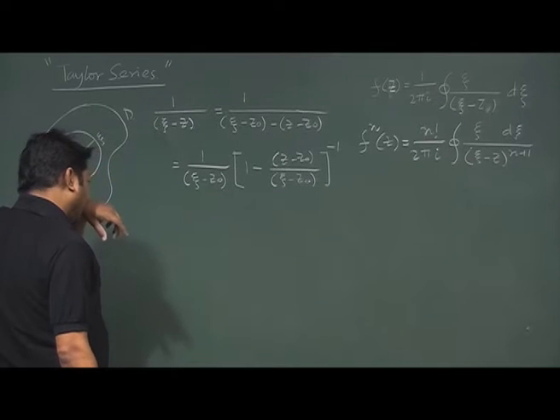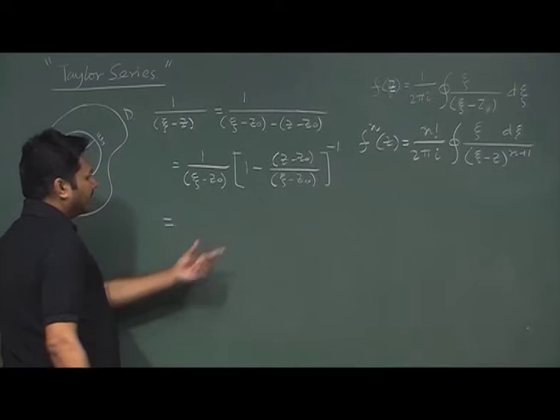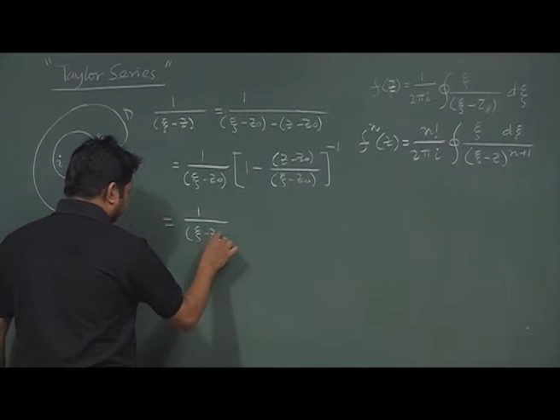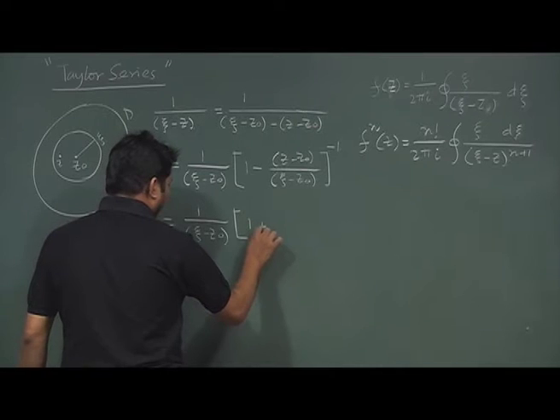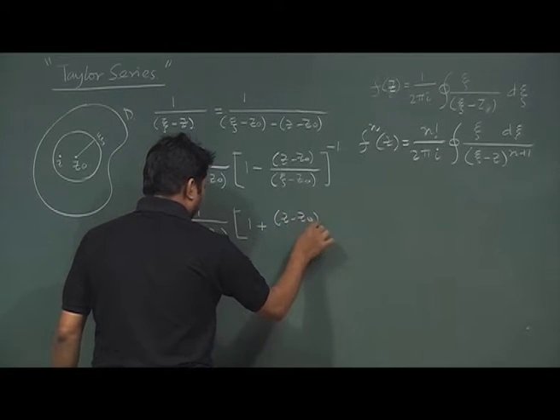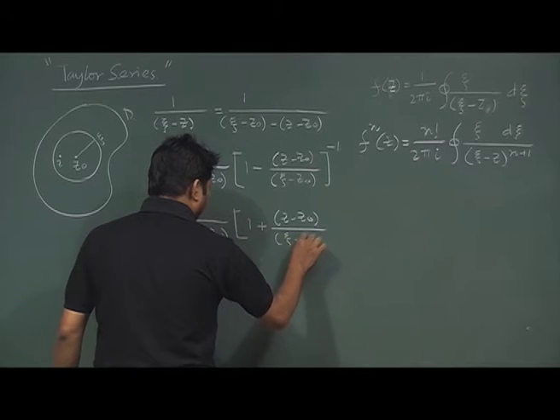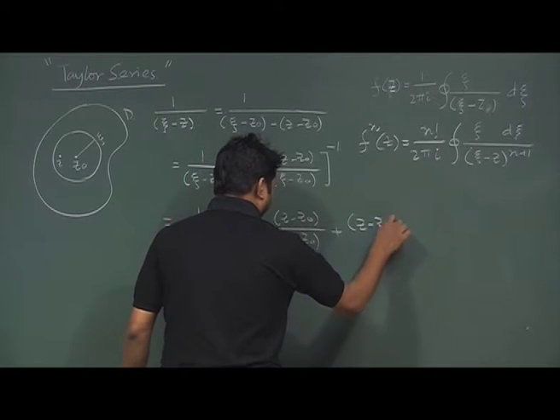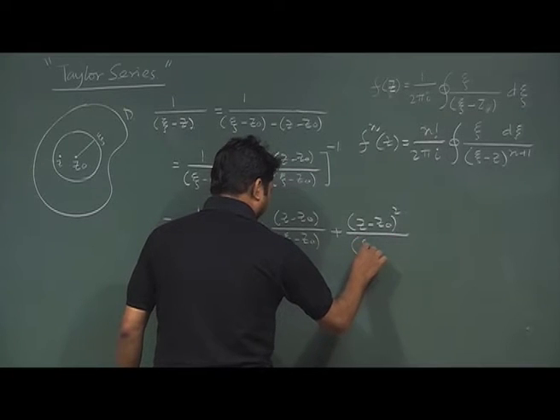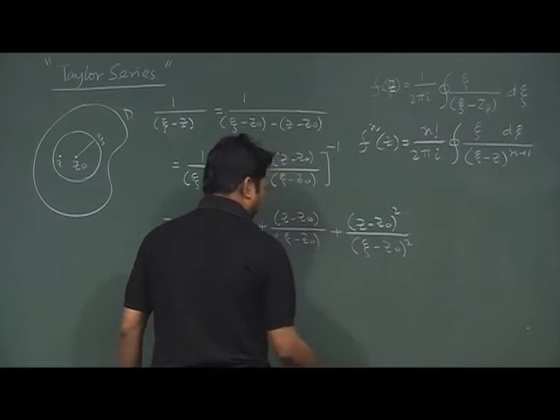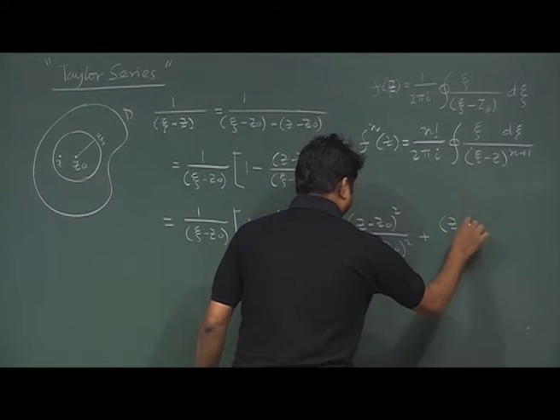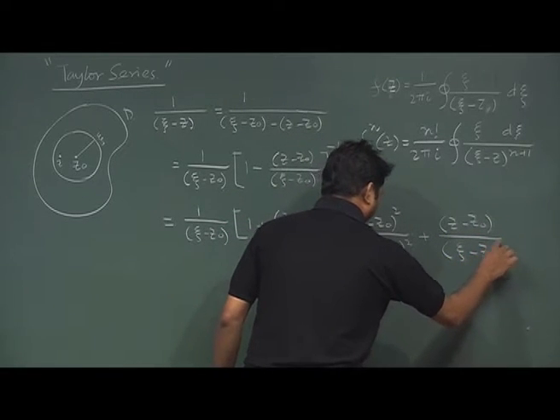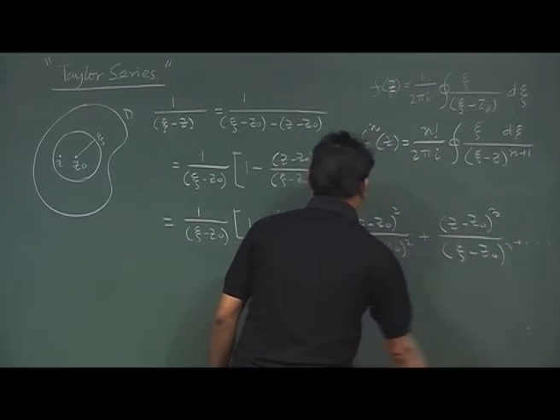Now, if we expand this quantity, it will be something like 1 plus (z minus z0) divided by (xi minus z0), plus the square, plus the cube, and so on.